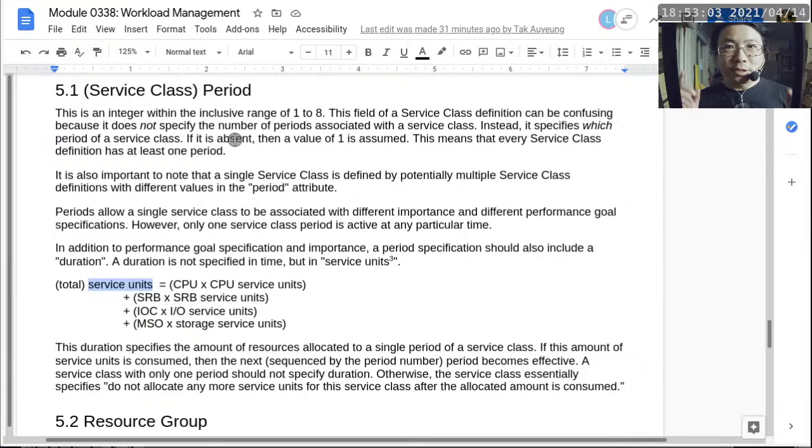They just do not get reset until you reboot the system. Till like an IPL? Yes. Now, you don't have to specify a service unit and you don't have to specify more than one service class period. It just gives you the option of doing so.